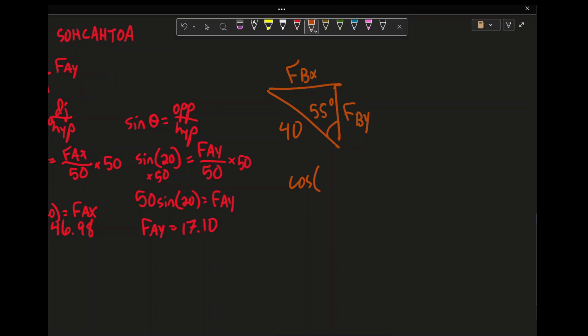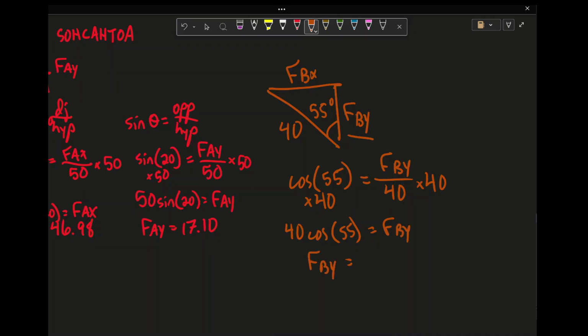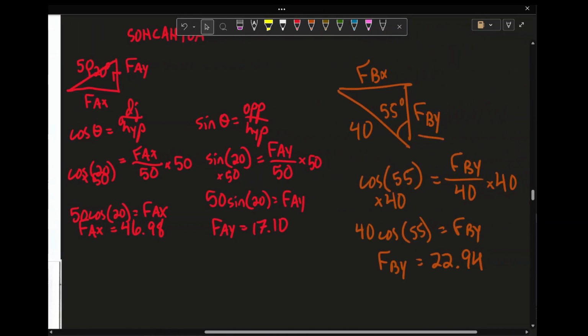So if we do cosine, oh no, this is tricky, right? Cosine of 55, remember SOHCAHTOA, cosine is adjacent over hypotenuse. In this case, the way this triangle is set up, the adjacent is the y component. So this is actually FBY over 40. If we multiply by 40, 40 cosine of 55 equals FBY, which is 22.94. Let's see if my previous work agrees with that. It does.